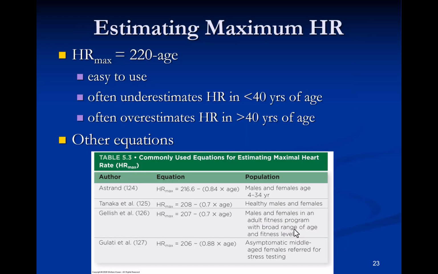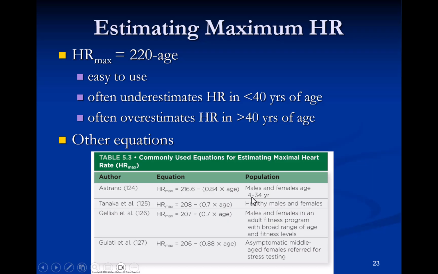So back to estimating max heart rate, the simple way to do it is 220 minus age, which is easy. The problem is it tends to over and underestimate in certain groups, as you can see. So there are more accurate maximal heart rate equations. You can see them here. Based on the population, you could pick one of these ideally.